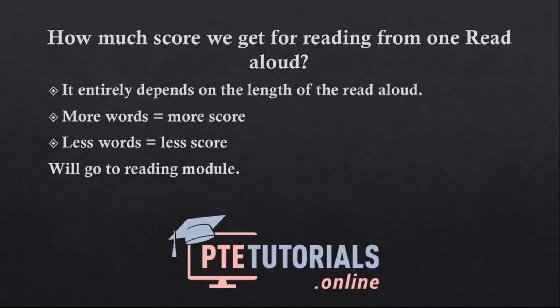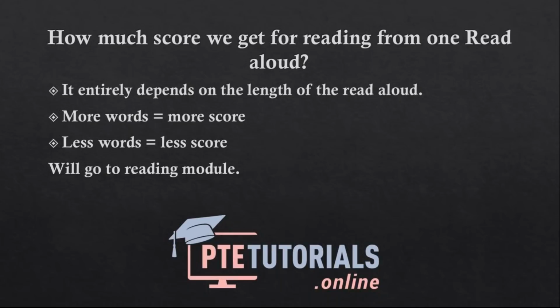One more thing is dependent here, which is actually not written anywhere, but it is my prediction, you can say, because while analyzing the score reports of the students, I have felt this thing. When I ask the students how was your read aloud, they say those were very easy, but still your pronunciation is also 90.